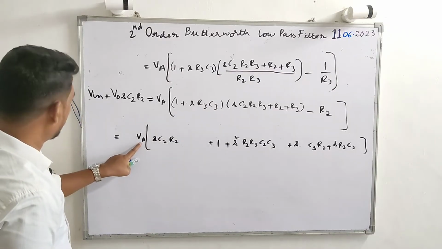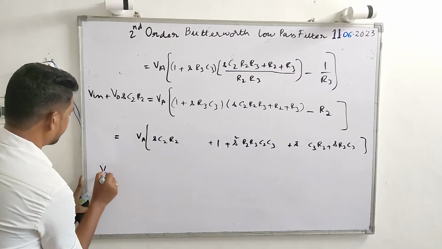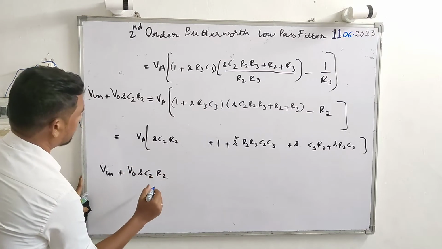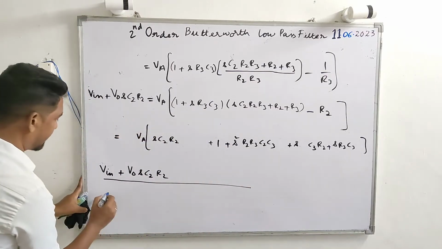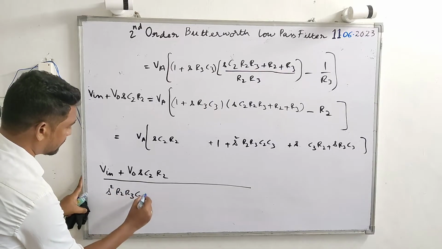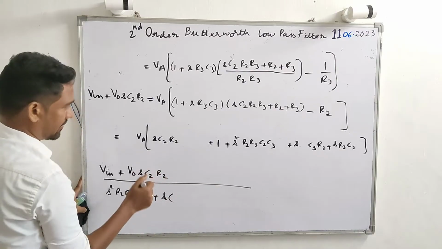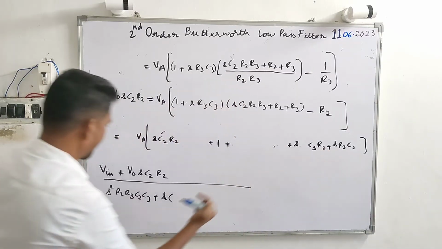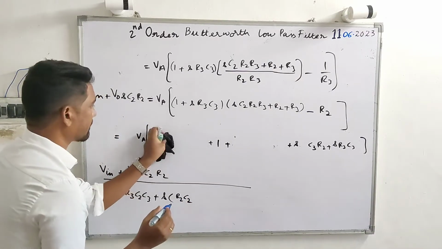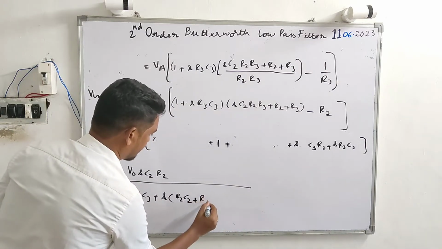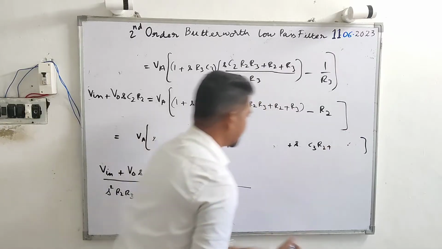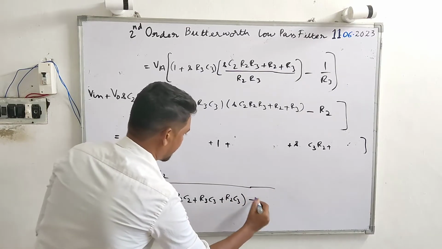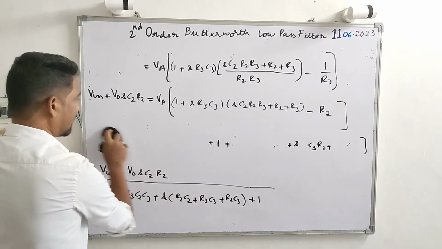And here we have VA left over, and from this very expression, we have V in plus V naught S C2 R2 upon this entire expression, and it's S square R2 R3 C2 C3 plus S into, here taking out S as common, we have R2 C2 from here and R3 C3 from that one plus R3 C3 from this one, and S has come out, so we have plus R2 C3 from that term, close the braces, and it's plus 1. 1 is over here, and yeah, this is the simplification.